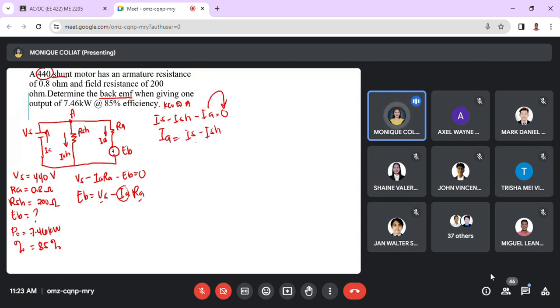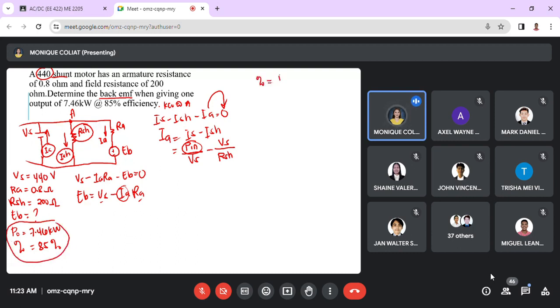So, where does IS come from? This is IS. That will be Pin over VS minus ISH, which is the voltage across RSH divided by RSH, that is VS over RSH. Now, do we have an input power? No. So, where do we get it? From the efficiency and the output power.